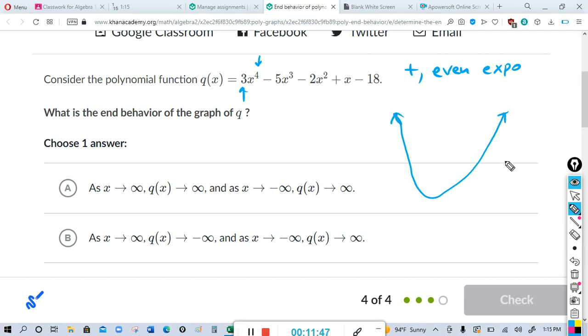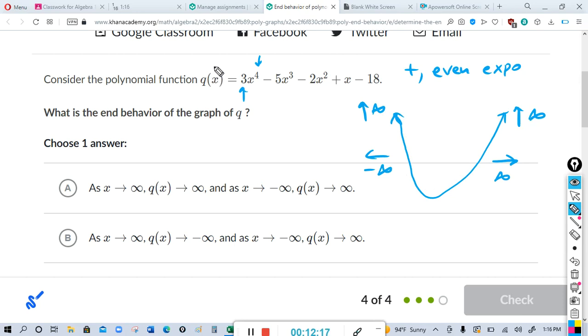So as x goes to positive infinity, y goes to positive infinity as well. As x goes to negative infinity, y goes to positive infinity as well, because up is positive. So left, right is your x, up, down is your y.